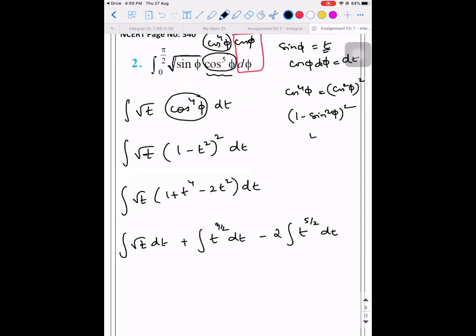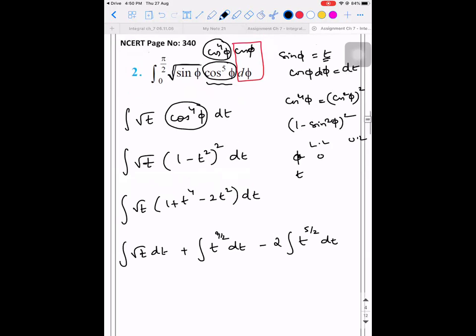Only thing now is my work is to change the limits. Lower limit for phi is 0. What did I substitute as t? Sin phi, right? So sin 0 is 0. Upper limit is pi by 2, it will become 1. So 0 to 1 for each. After this, I hope you can solve this. It's a simple algebraic function.